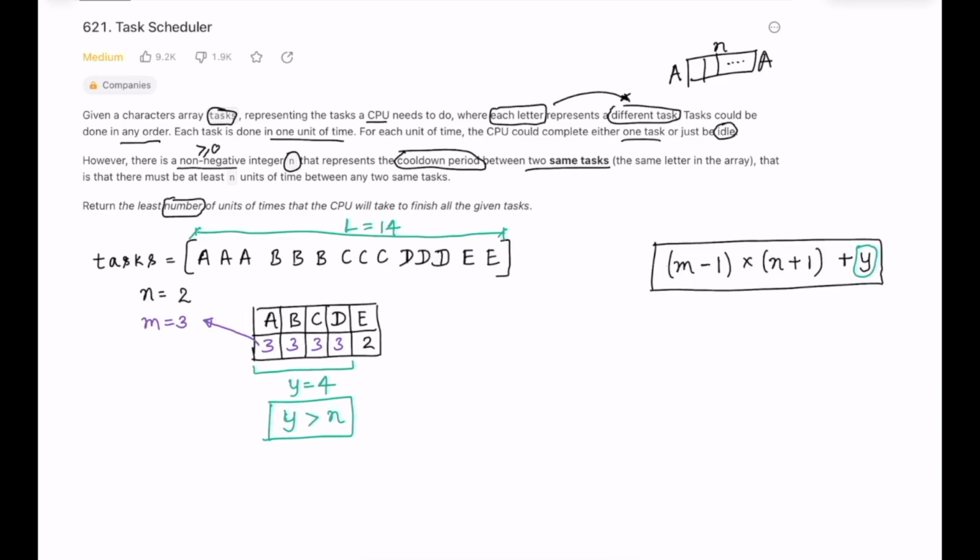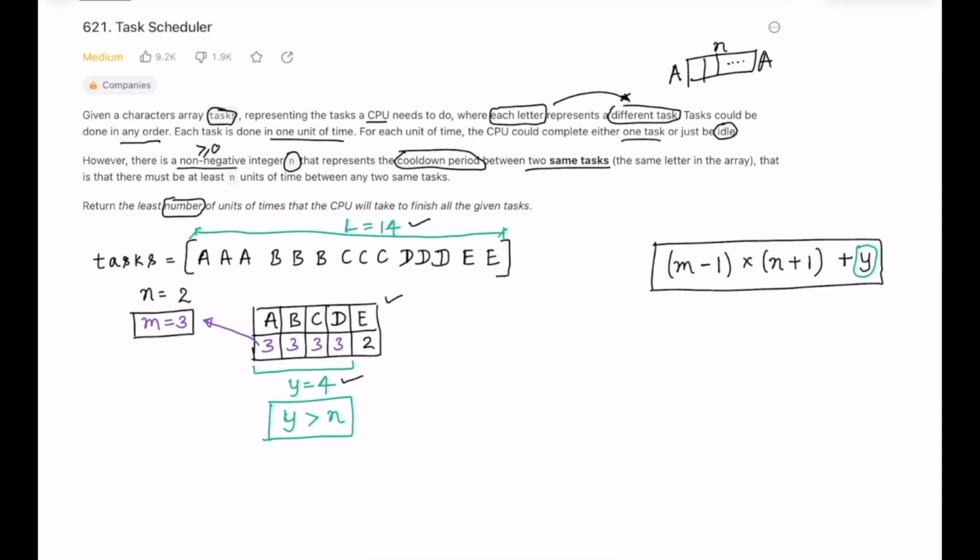Let's look at this new example where we have 14 tasks and the frequency of each task is in this table where A, B, C, D, all of them appear 3 times and task E appears 2 times. So the maximum frequency of any task is 3 and number of tasks with that maximum frequency is 4. So y is 4. Clearly in this case y is greater than n.